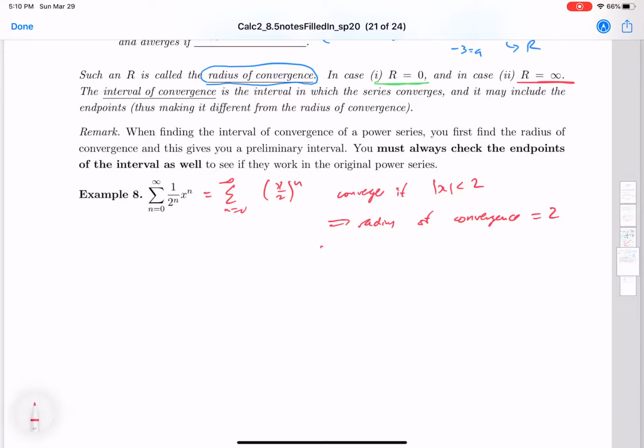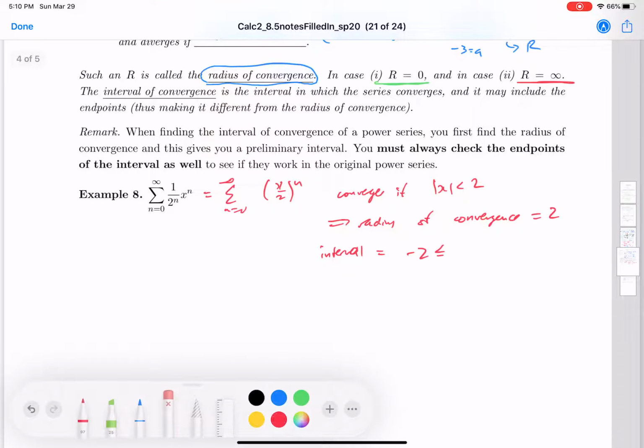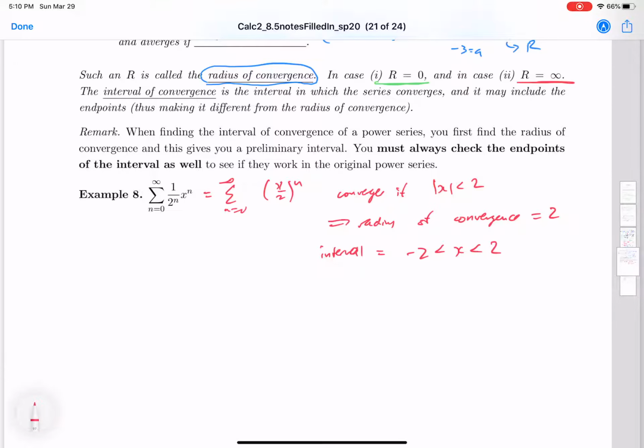And our interval equals -2 is less than x is less than 2. So everything between -2 and 2 could be in our interval. And the question is, what about this or equal to? Could it be equal to -2 or could it be equal to +2?